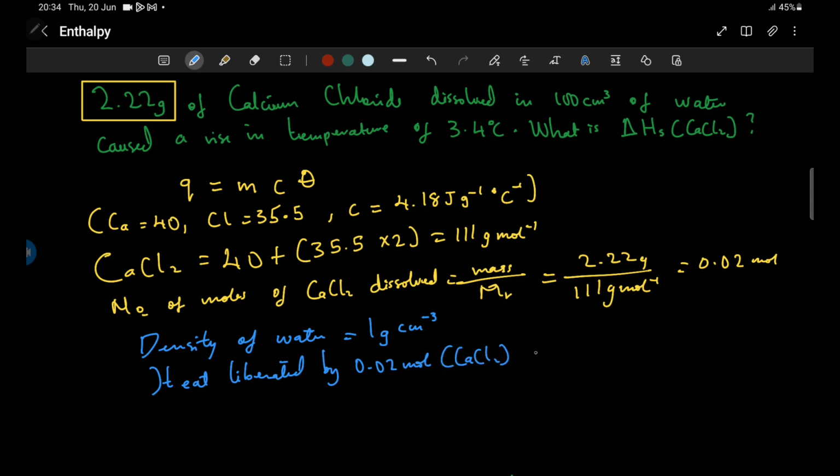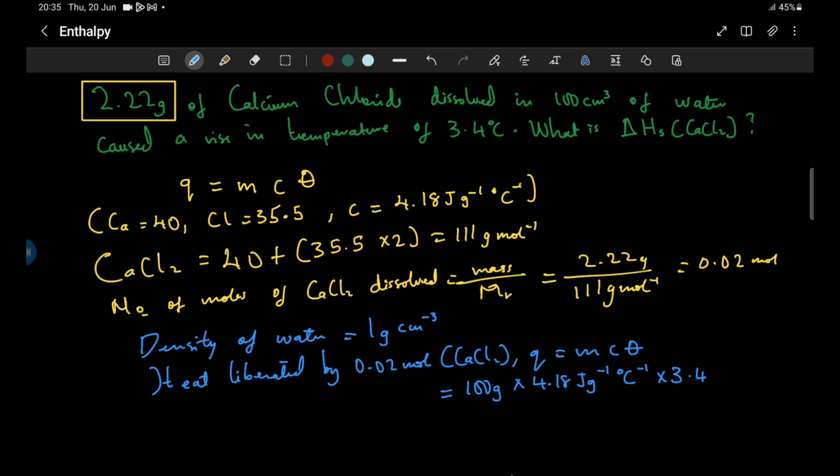You know, that is Q equals mc theta, and that is 100 grams times 4.18 joules per gram per degree Celsius multiplied by 3.4. That's the temperature rise given in the question. The specific heat capacity is already given in the question. The mass is 100 grams.